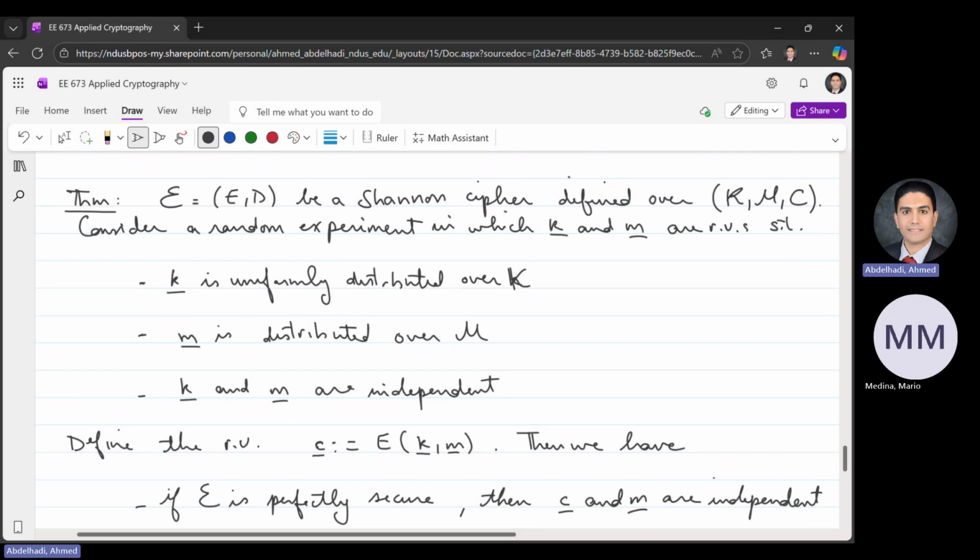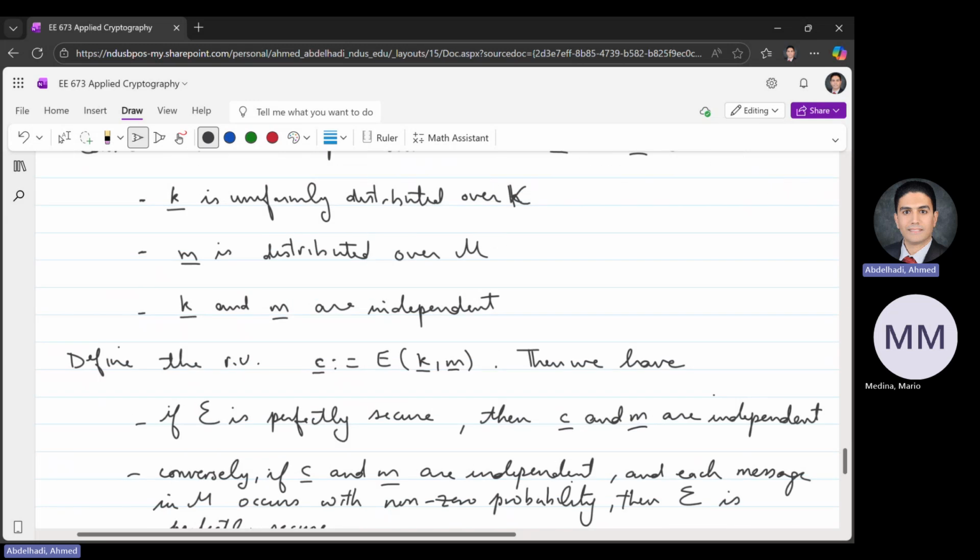Even if you are sending the same message, every time you pick a random key, so there is no dependence between them. Now we define our encryption as always: it is equal to the encryption of the key and message, which is also a random variable. Since there are two random variables inside the function, the input is not deterministic, so the output is not deterministic.